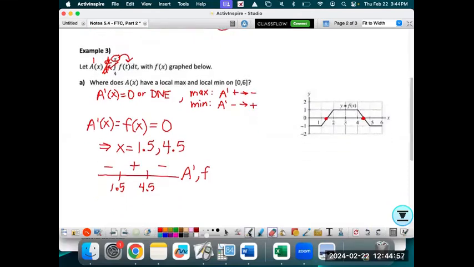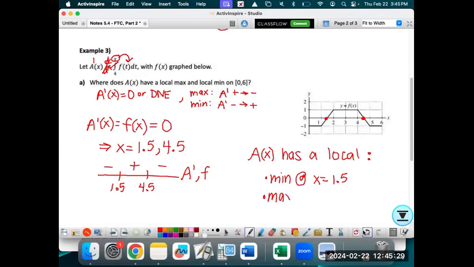So it looks like A of x has a local min at x equals 1.5 and a local max at x equals 4.5.